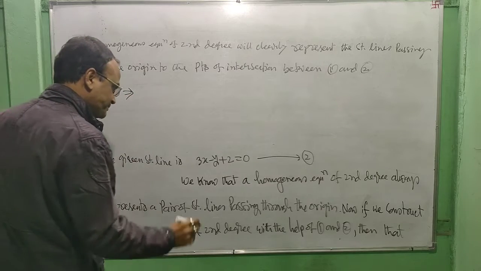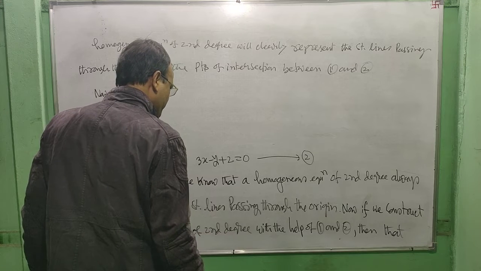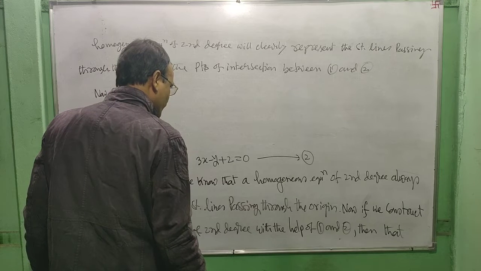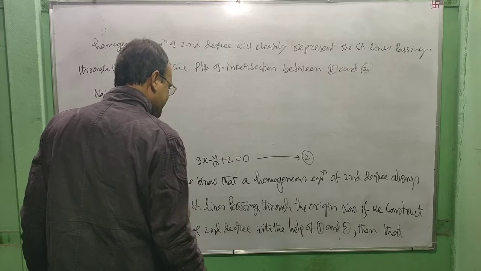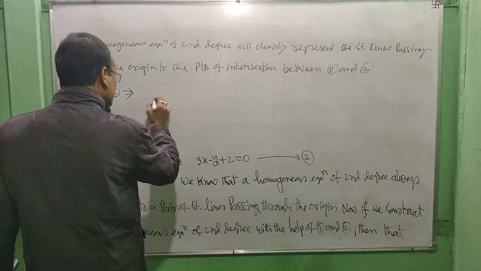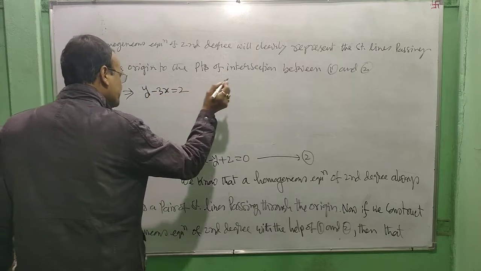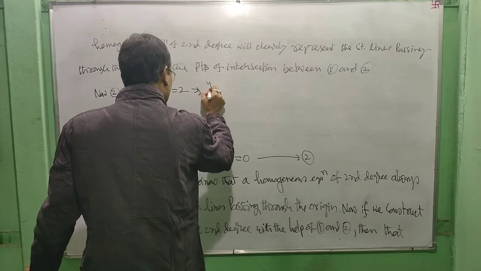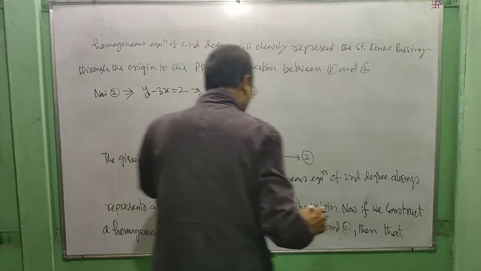Now 2 implies y minus thrice x equal to 2, means y minus thrice x divided by 2 equal to 1.